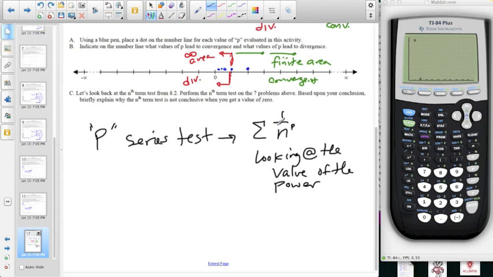And so all we have to do is look at the value of the power. As long as the series is in that form, then we can really bypass the use of the integral test altogether for these type of non-increasing functions.